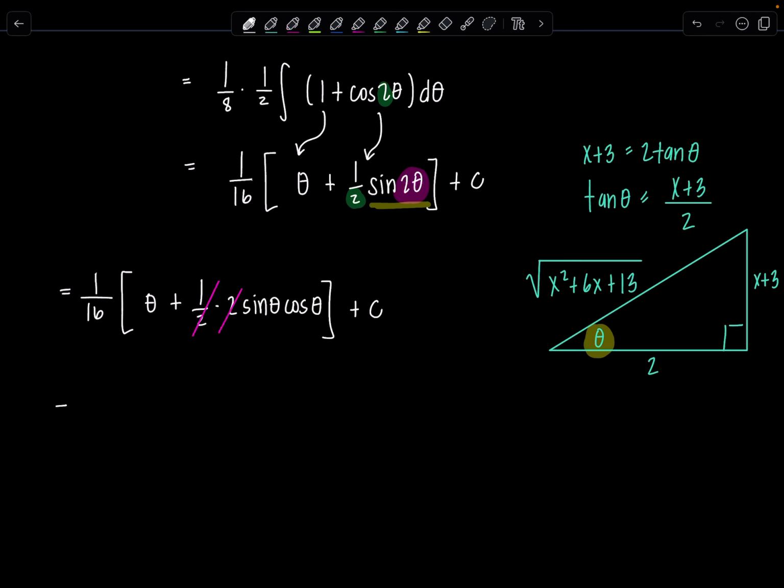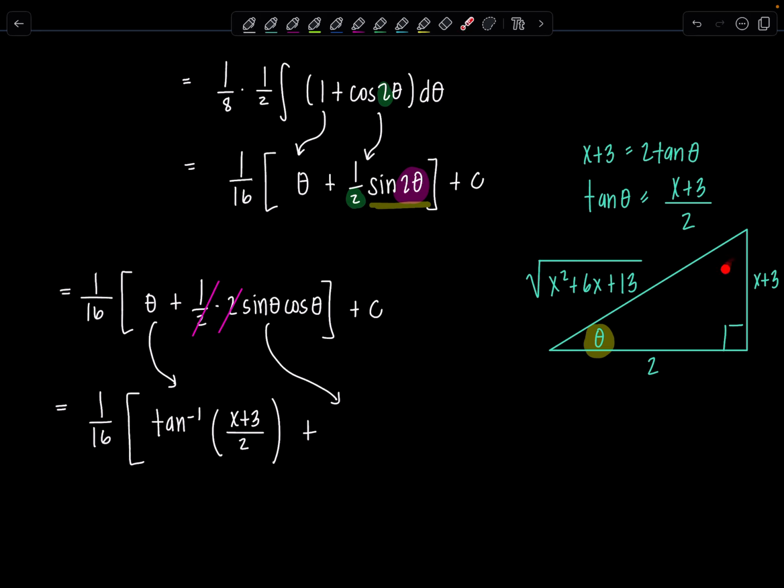Okay, so we have here 1/16. Now, when you have plain old theta like that, no, you don't use the triangle. When you have the trig function isolated, that means theta all by its lonesome is going to be tan inverse of x plus 3 over 2. So this is tan inverse of x plus 3 over 2 plus, okay, now sine theta, this is where the triangle is going to come in, clutch.